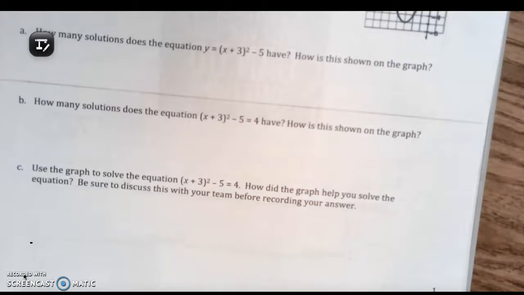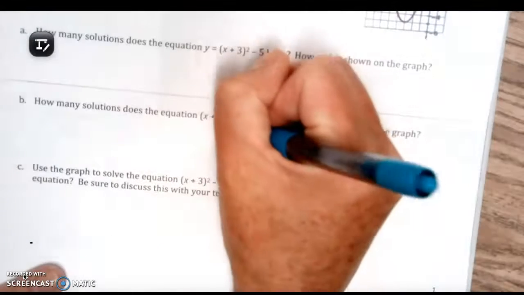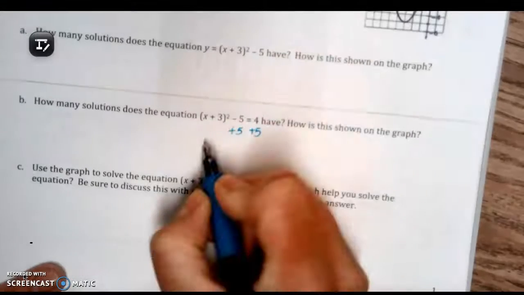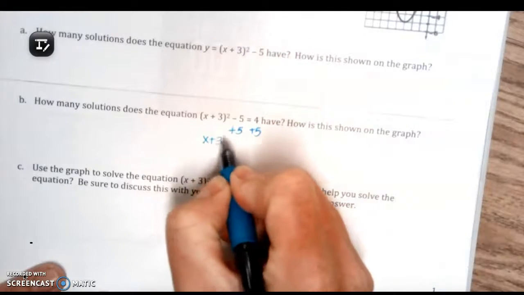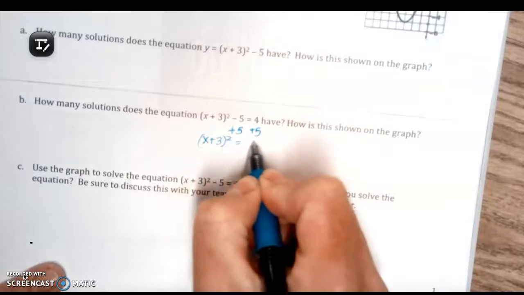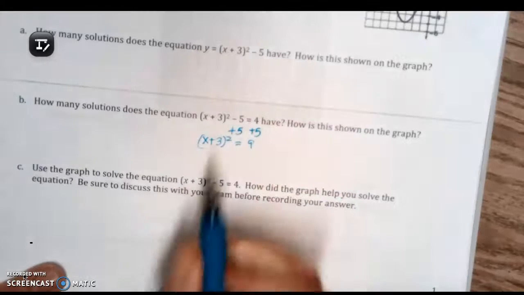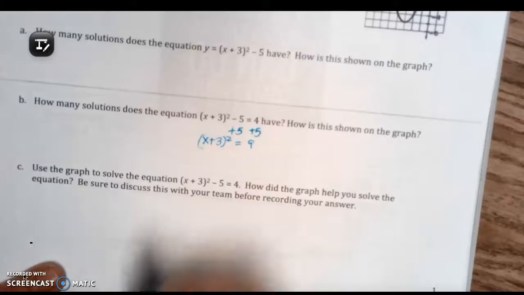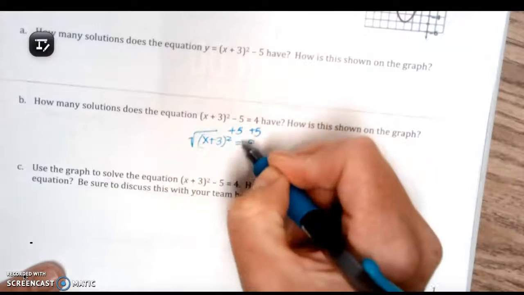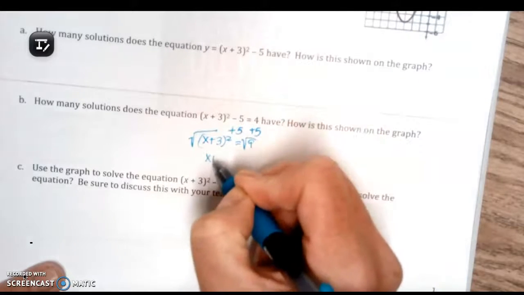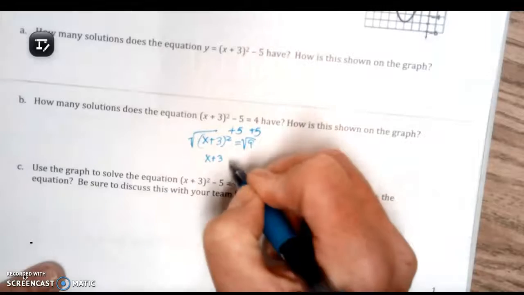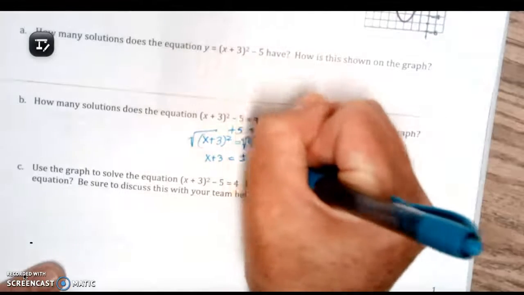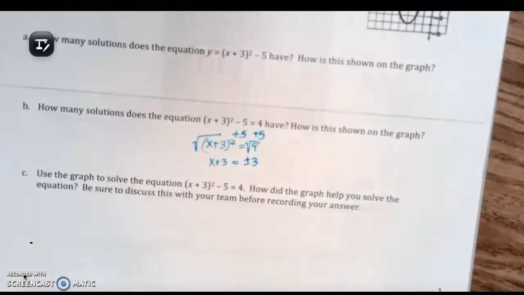Let's do it. So we're going to add 5 to both sides. Then we are left with (x plus 3) squared equals 9. Then because we have a square here, the inverse operation of square is to square root. We're left with what's inside, which is x plus 3, equal to plus or minus 3, because the square root of 9 is 3.